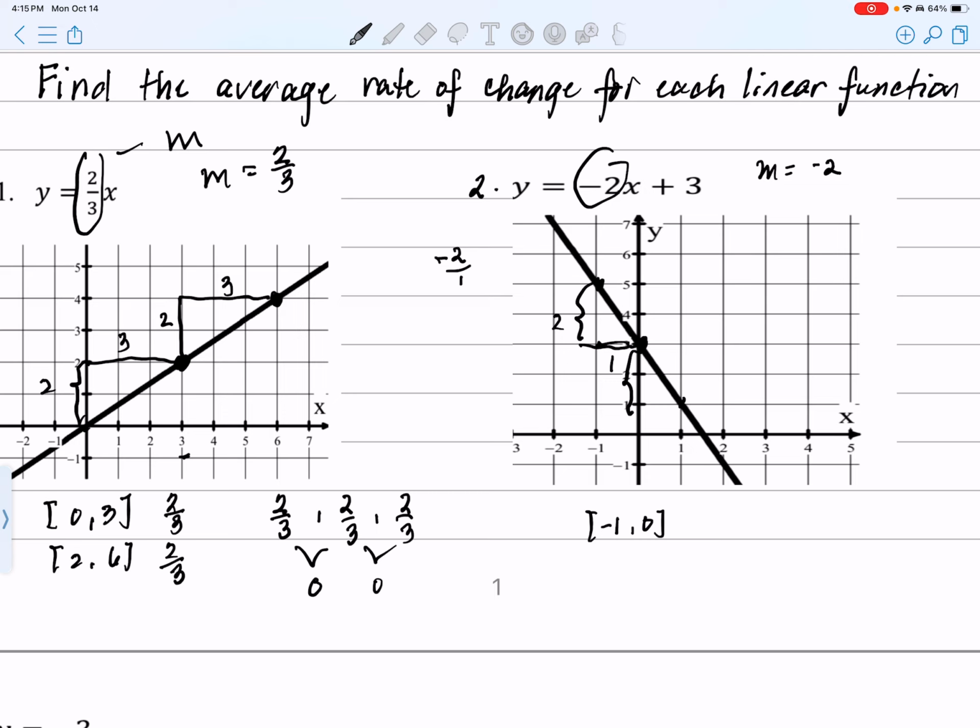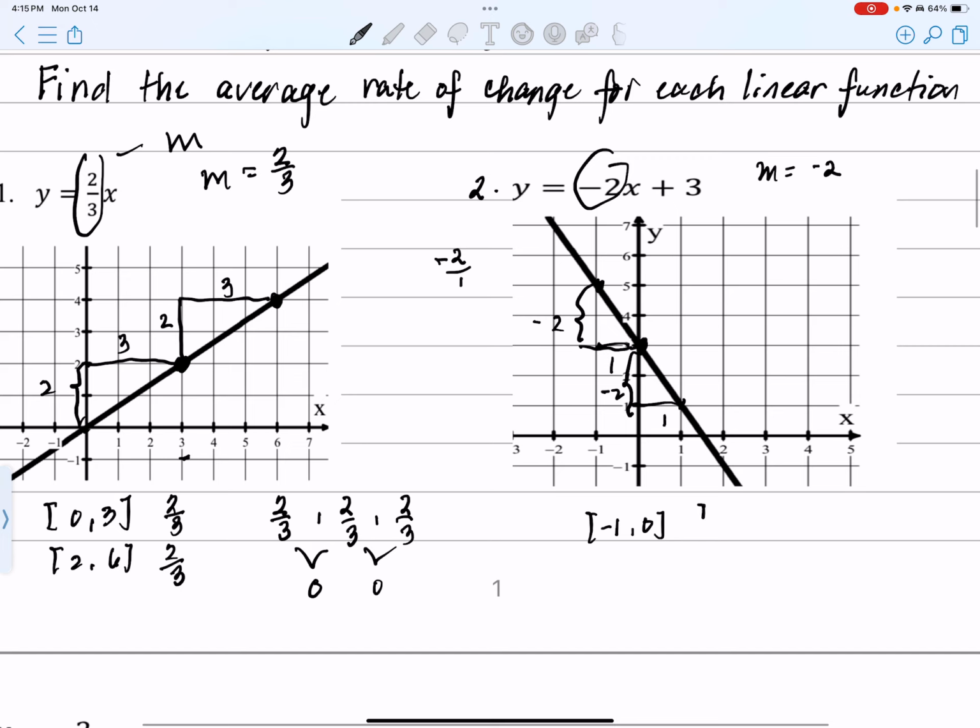If I go down 2/1, because it's negative, that means down 2, the rise over run, going down 2 over 1. So with the interval from 0 to 1, what is negative 2 over 1? That is negative 2, right? This is negative 2 over 1.